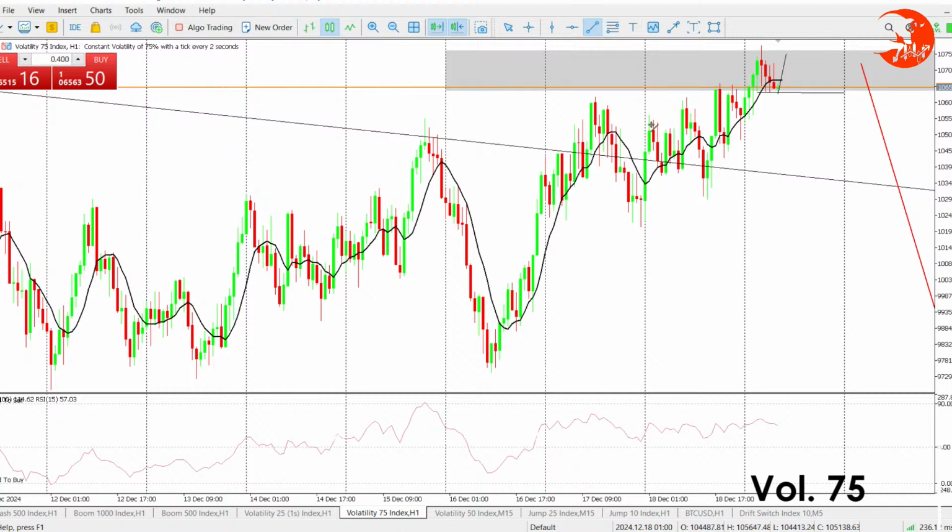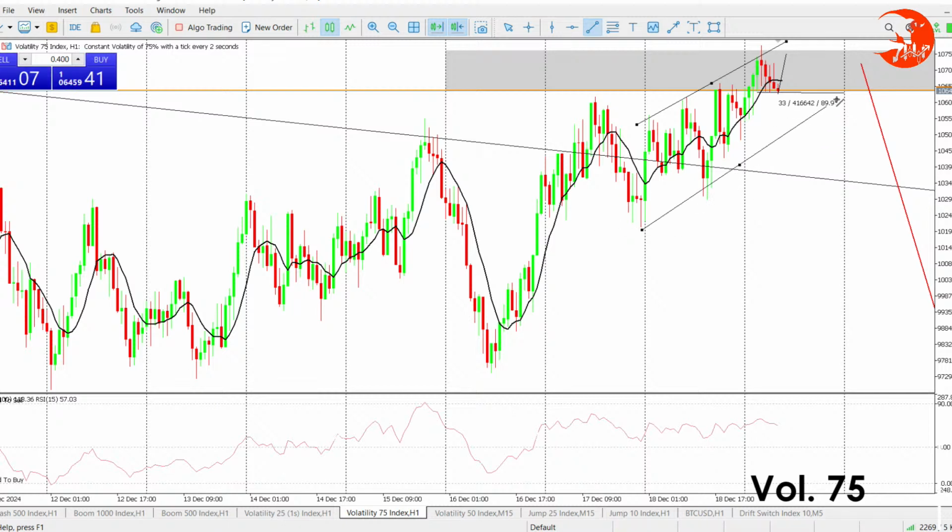Let's visualize the structure right here. The structure may look like that according to H1, and the support may look like this. Yeah, support may look like that.